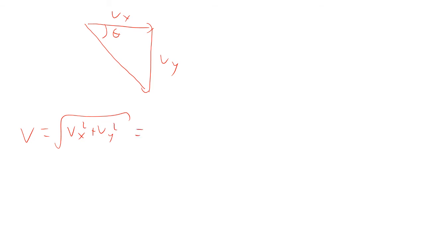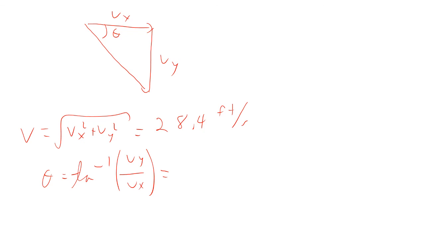So Vx, Vy, so the total V, square root of Vx squared plus Vy squared, comes out to be 28.4 feet per second. The angle is going to be the arctangent of Vy over Vx. And so if you plug in those numbers, that's 46.3 degrees.